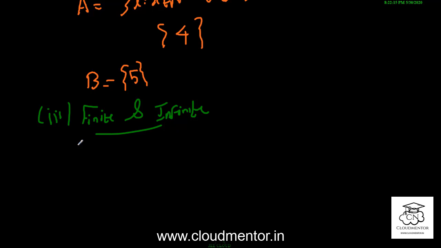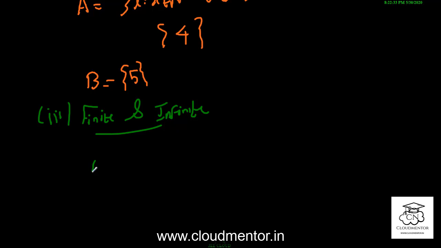In other words, a set having a finite number of elements is called a finite set, and otherwise it is called an infinite set. That is, if the process of counting of elements does not come to an end in a set, then the set is called an infinite set.